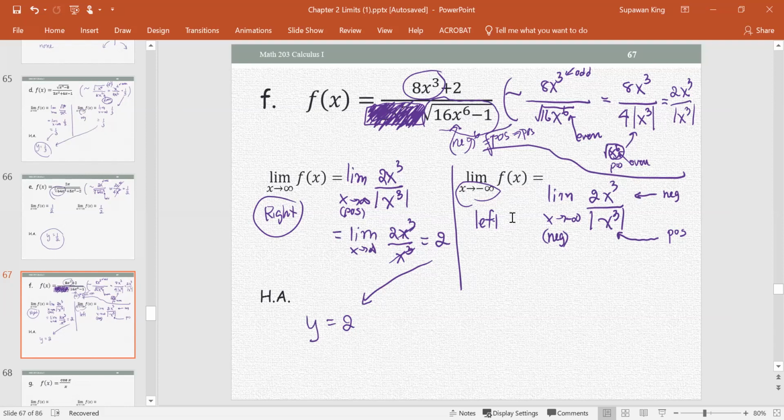So for x approaching negative infinity, we have to look at more detail. As we take the limit, the top goes to negative and the bottom goes to positive. The signs are not the same, but the powers are the same. When you simplify, for example, negative a divided by a, what do you get?